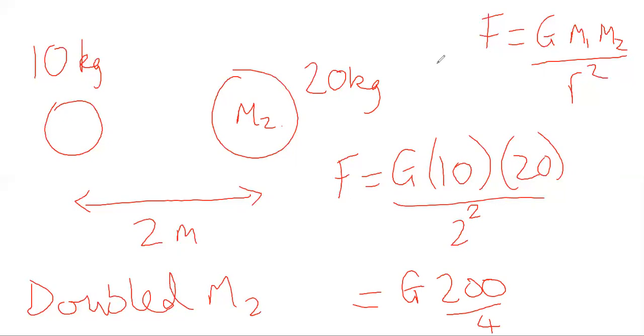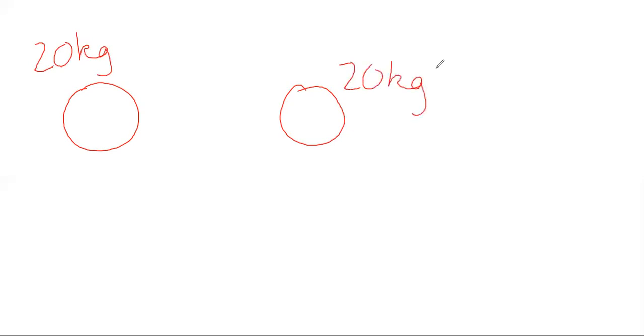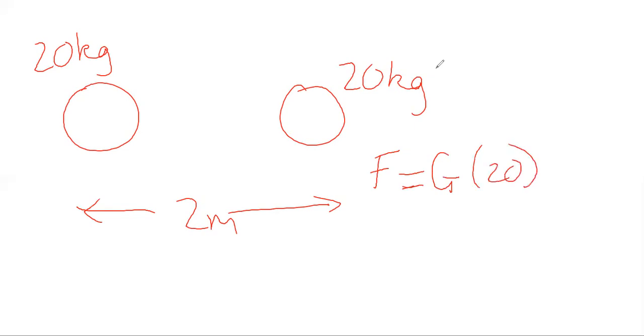Well, now let's see what happens when we double both. If they're both 20 kilograms, compared to the first case when they were both 10 kilograms, and the separation is still 2 meters, now we're going to have G, our constant, times 20 times 20 all over 2 squared.